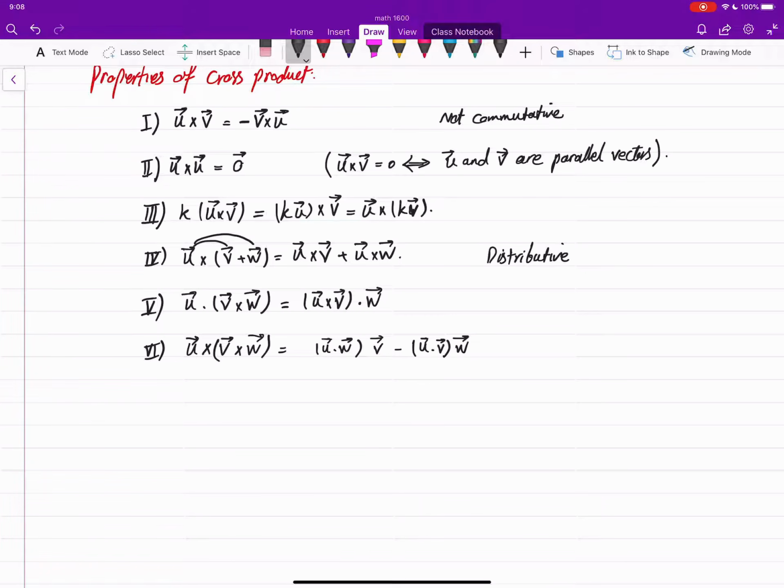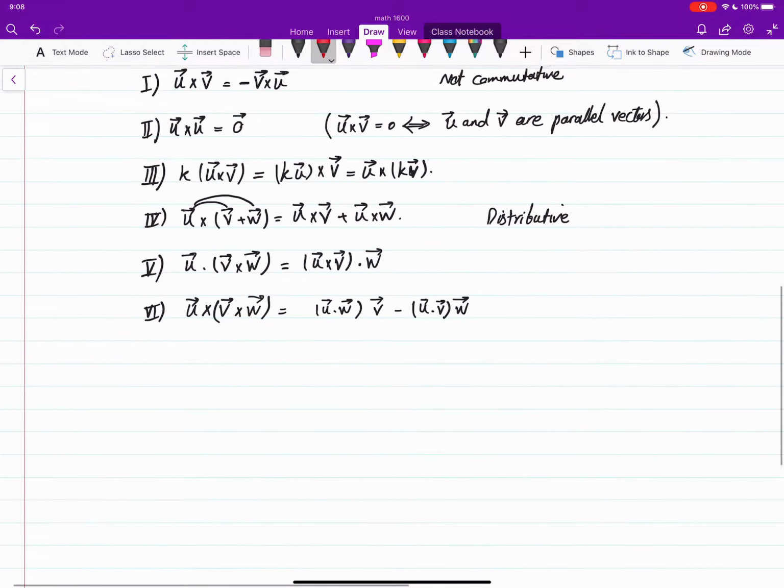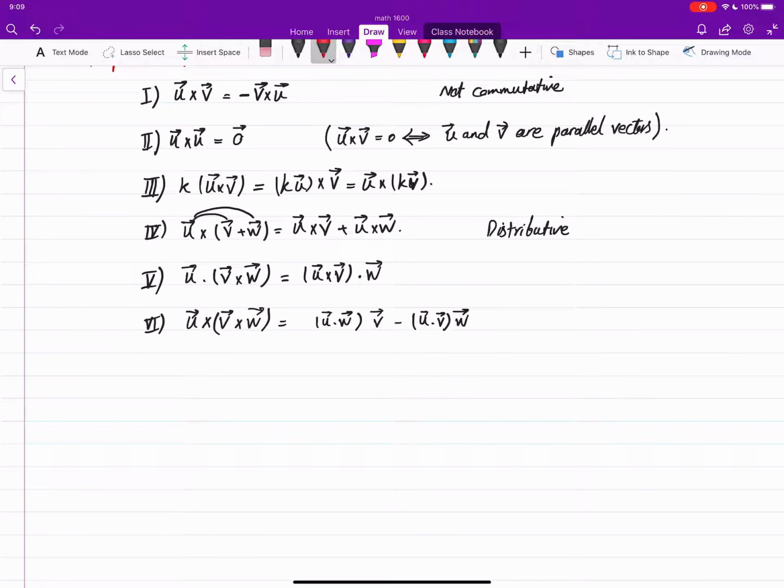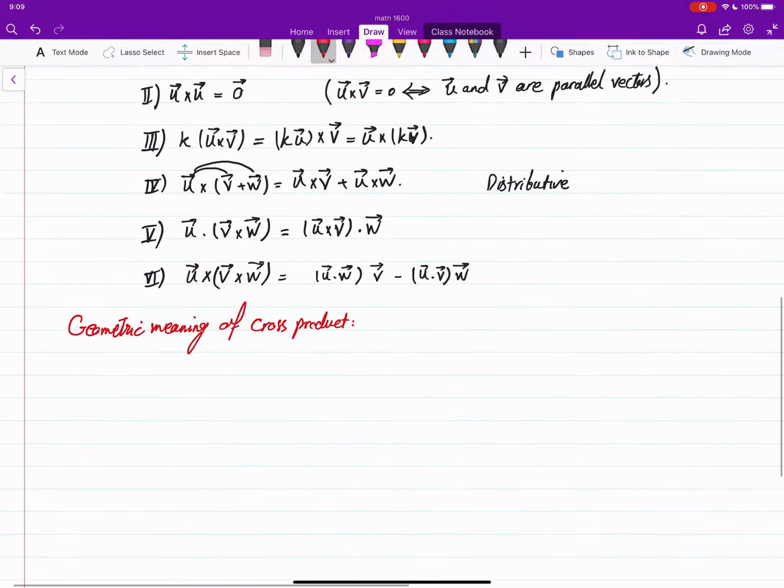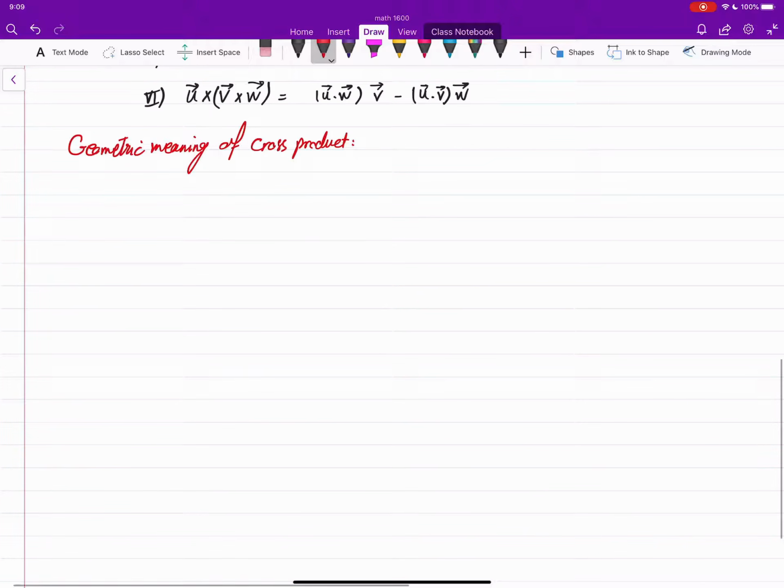The main thing that I will leave as an assignment for the first assignment will be that we can use these properties to get a geometric meaning of cross product. What is the geometric meaning of cross product? Well, what do you mean by geometric meaning?